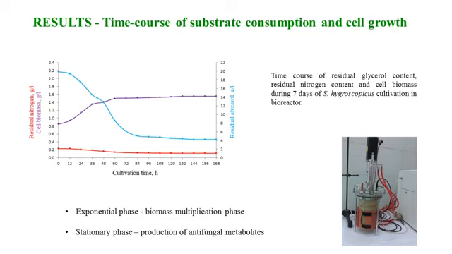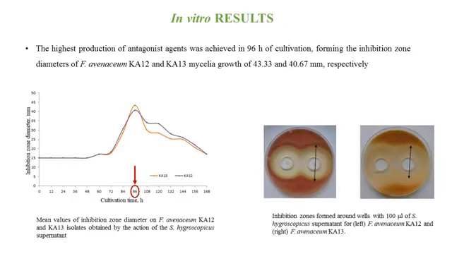The time course of residual glycerol content, residual nitrogen content, and cell biomass during 7 days of Streptomyces hygroscopicus cultivation in the bioreactor is represented in this graph on the left side of the slide.